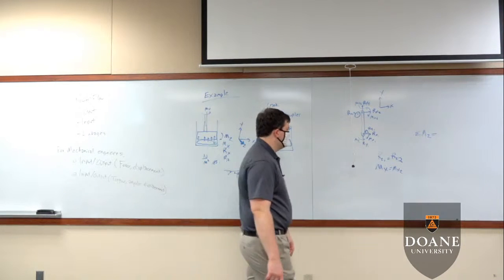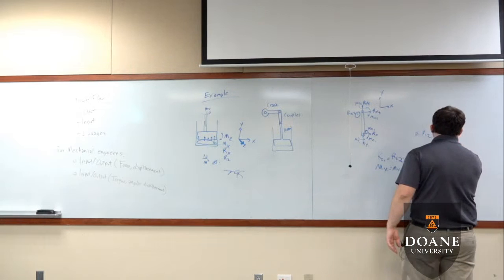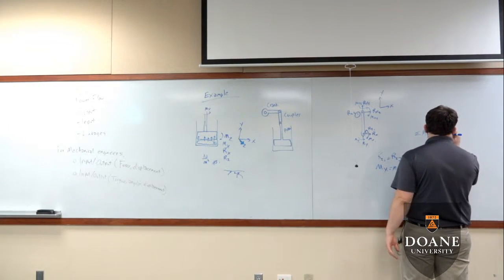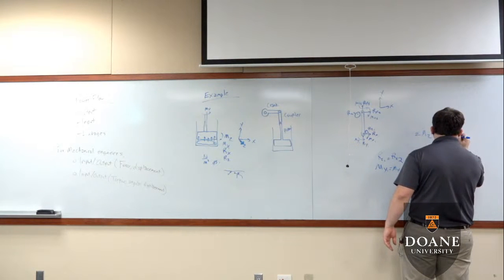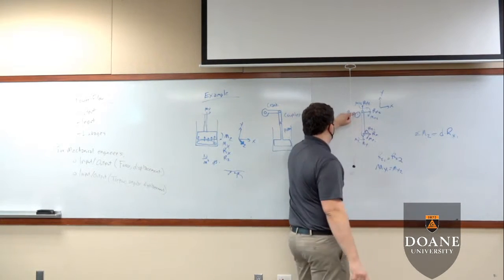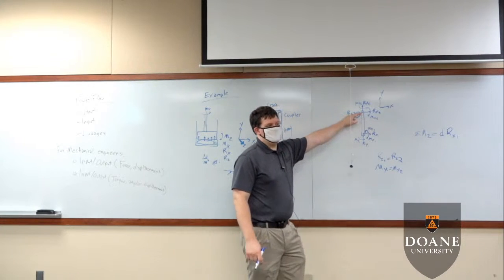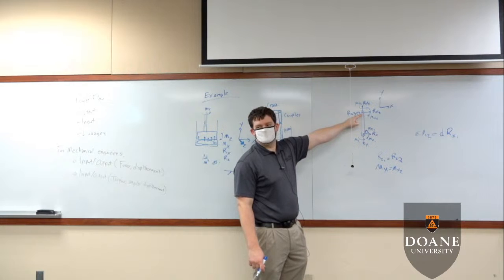Well, we do. If you take the sum of the moments about right here, the sum of the moments is equal to the length of this component times Rx1. So if we're taking the sum of the moments about this point here, do we have anything else that's going to create a moment in the z direction?